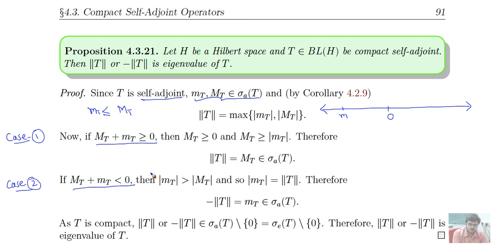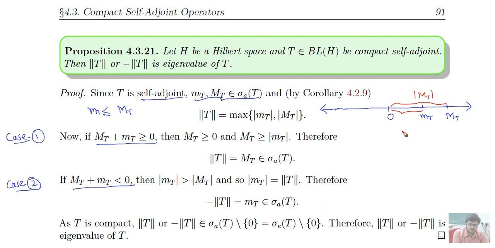So both cannot be negative, and if both are positive then it is okay. So suppose both are positive, so we know capital M(T) is here, small m(T) is less than or equal to that, so both are positive. So when we take modulus, which one is greater? We know this is mod of capital M(T), the distance from origin, and this is greater than mod of small m(T), right?